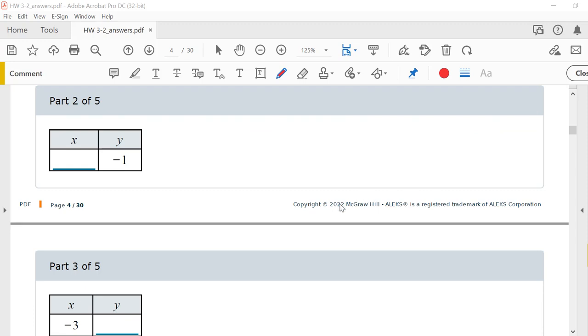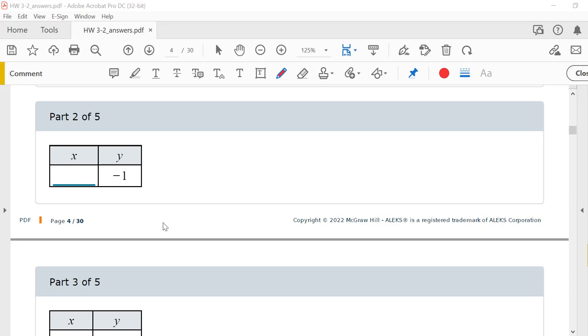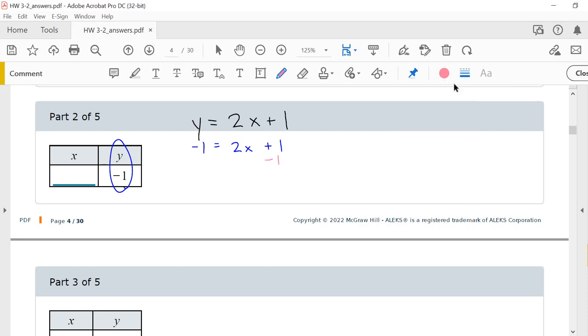Number 2, my equation was y equals 2x plus 1. My y value this time is negative 1. So negative 1 equals 2x plus 1. I need to subtract 1 from both sides.